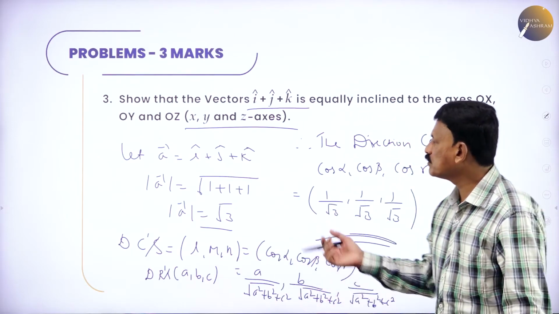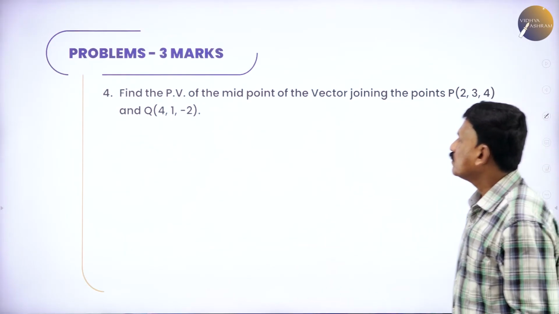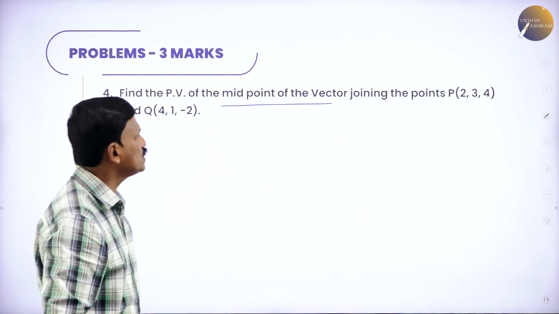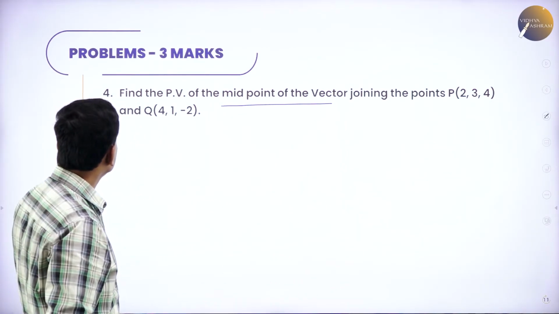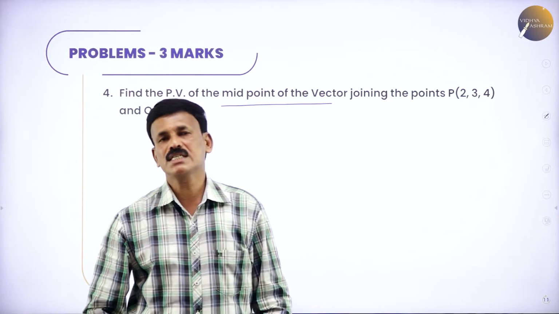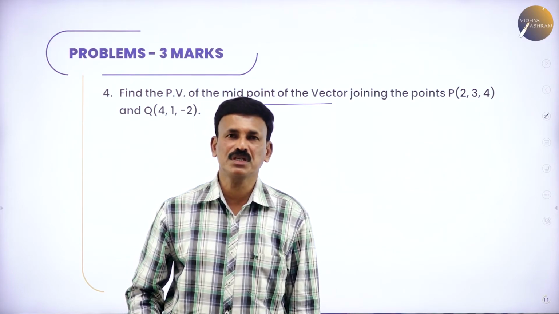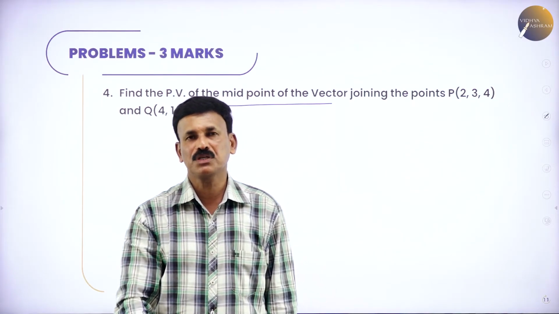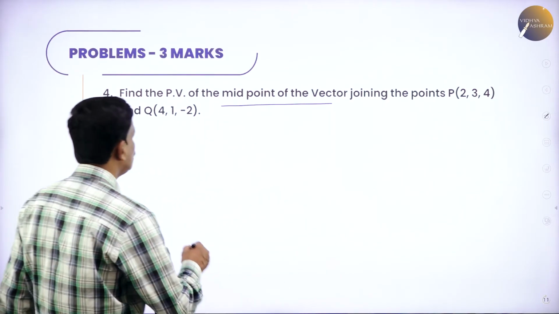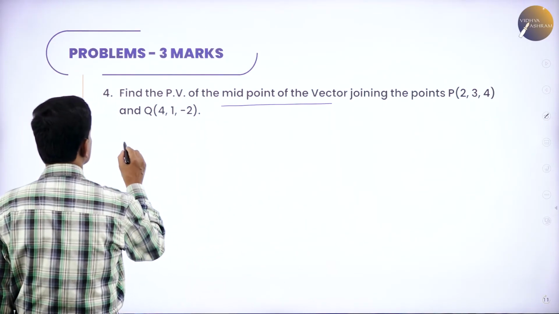Now let us come to the next problem. Find the position vector of the midpoint of the vector joining the points 2, 3, 4 and 4, 1, minus 2. In previous classes we might have studied the midpoint. Midpoint is nothing but x1 plus x2 by 2, comma y1 plus y2 by 2 in coordinate geometry. Here also, let us consider these vectors.